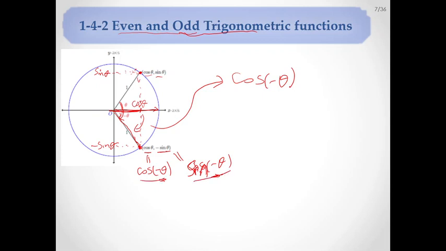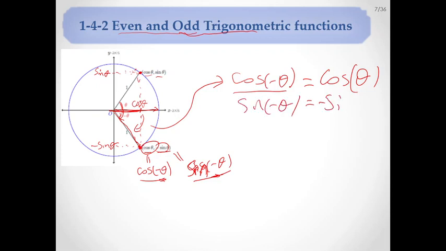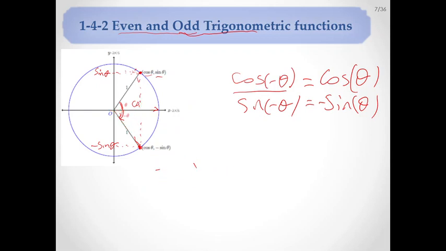Here it gives cosine negative theta is equal to cosine theta, and sine negative theta will be equal to minus sine theta. And yes, this gives us some relation. If we have a negative angle, it gives some idea about what to do.